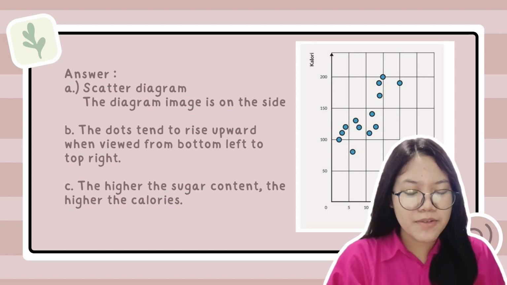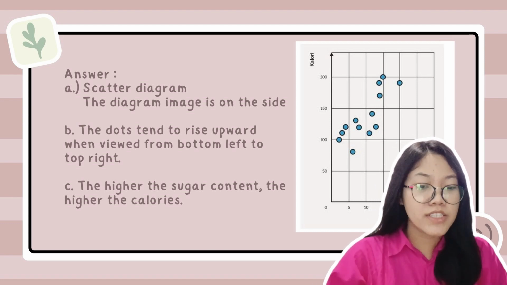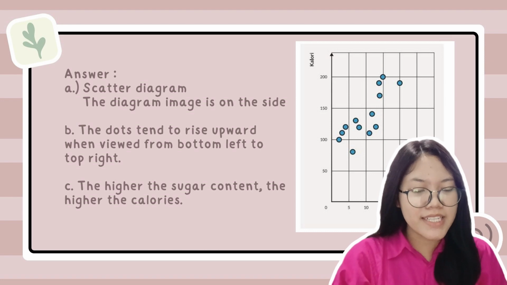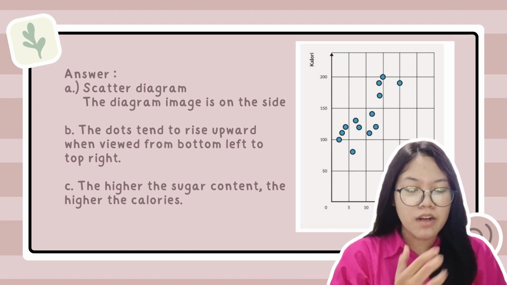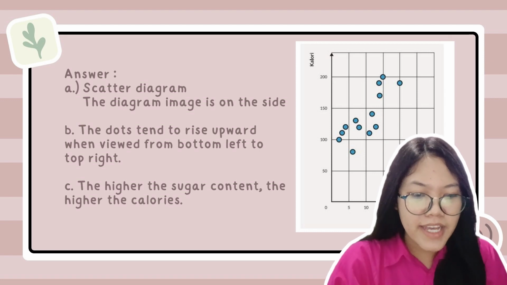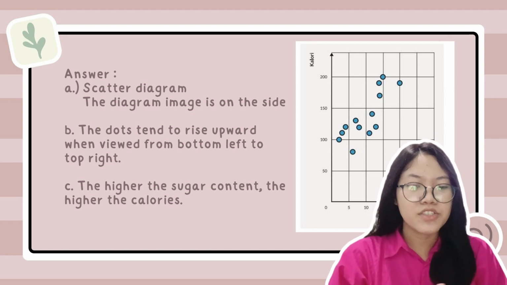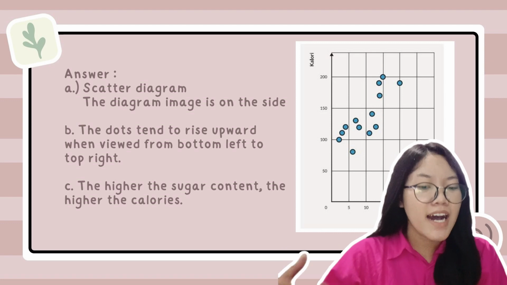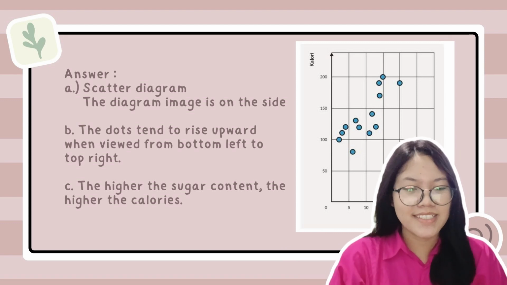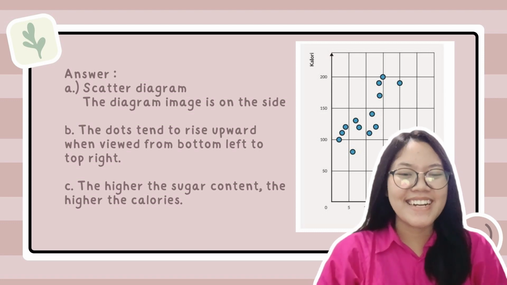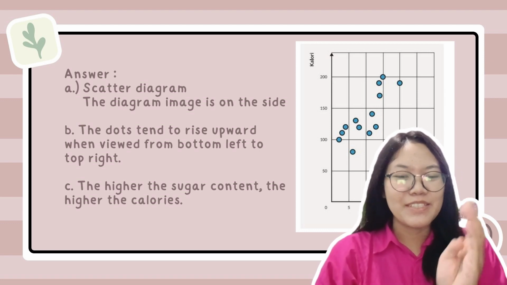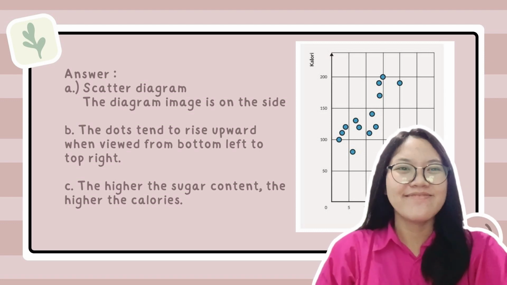And for question C: what conclusion can you draw about the relationship between sugar in grams and the number of calories? The answer is, the higher the sugar content, the higher the calories. Okay, like this. Do you understand, guys? I think you understand a little now.